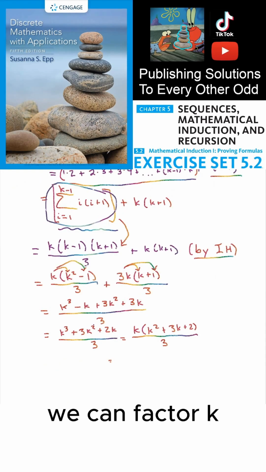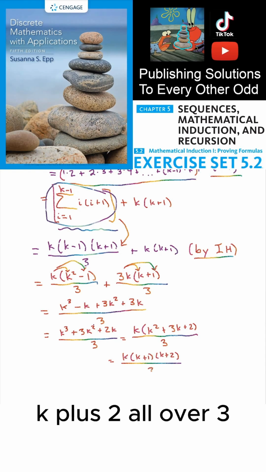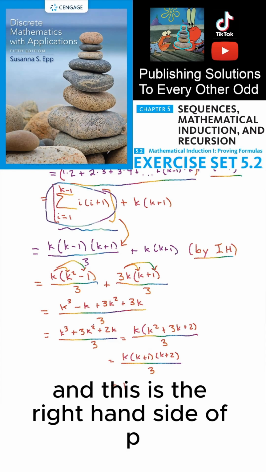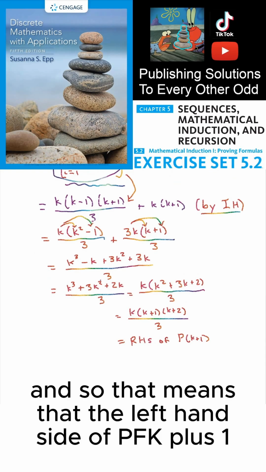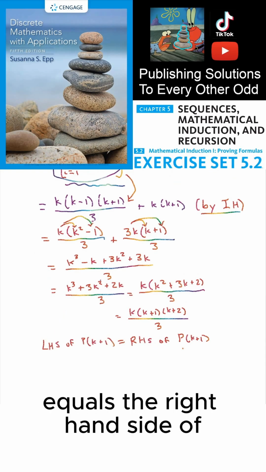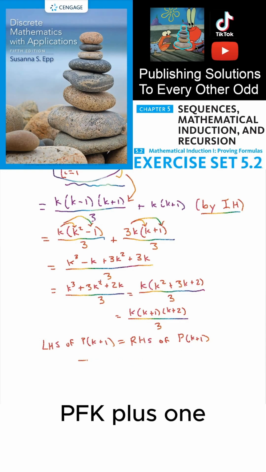And then lastly, we can factor k squared plus 3k plus 2 as k plus 2 times k plus 1. So this is k times k plus 1 times k plus 2 all over 3. And this is the right-hand side of P of k plus 1. And so that means that the left-hand side of P of k plus 1 equals the right-hand side of P of k plus 1, which means that P of k plus 1 is true.